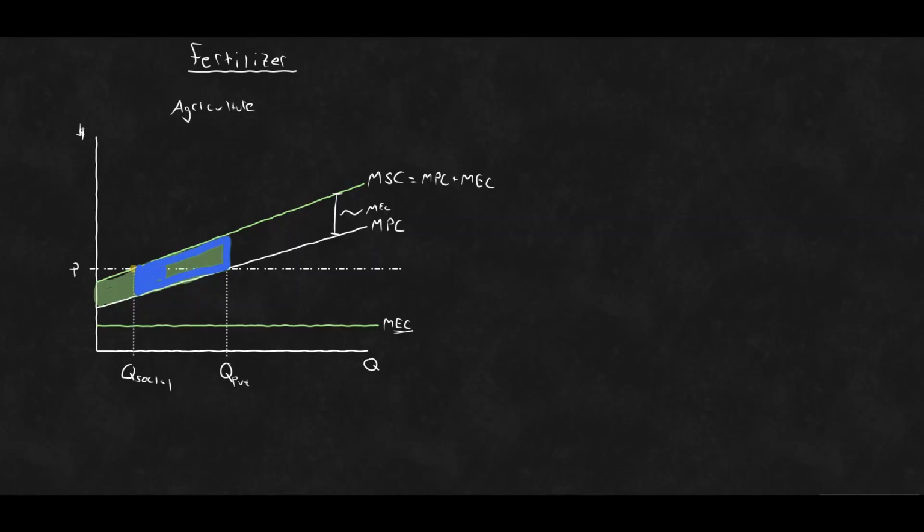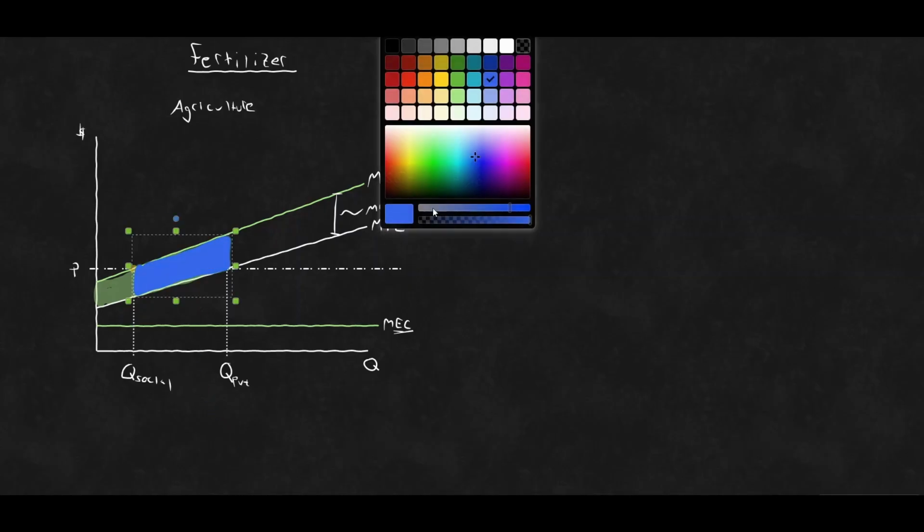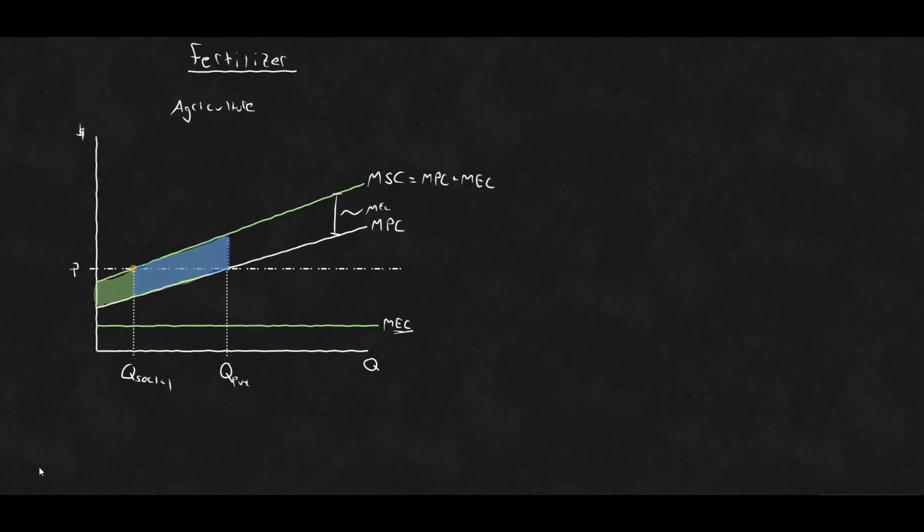So all of this pollution would be gone if we move down to Q social. This is a gain in the reduction in pollution. Let's just make that a little bit transparent. There we go. So we gain that blue area as benefit to society. That is the gains if we were to reduce that pollution.